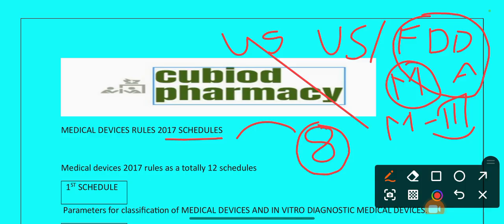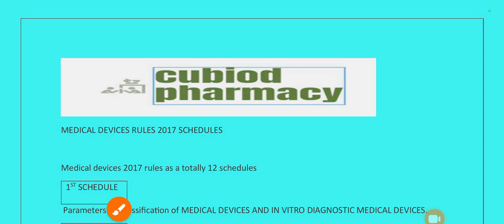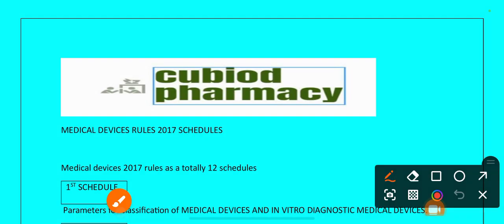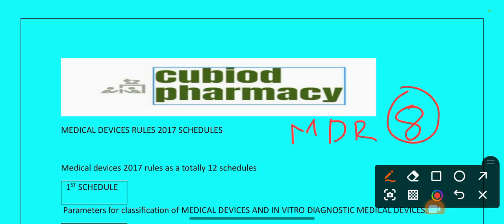So, key schedules in India under the Medical Devices Rules, 2017. How many schedules in India under MDR? Totally 8 schedules follow in the Medical Devices Rules, 2017.